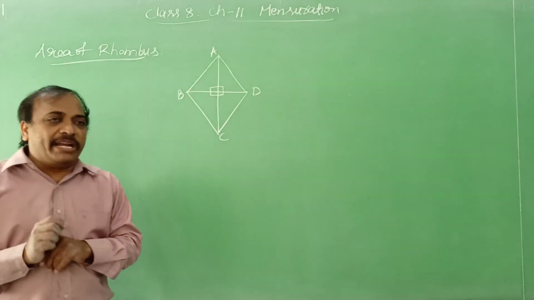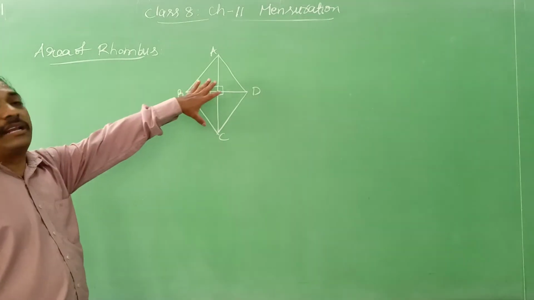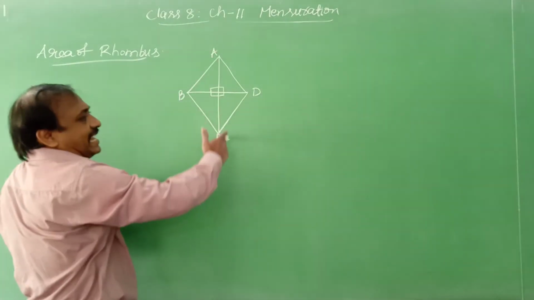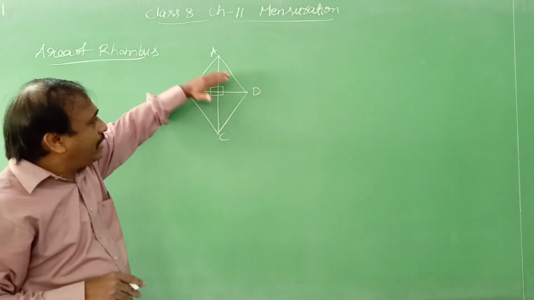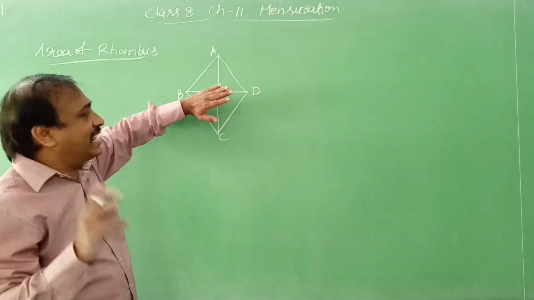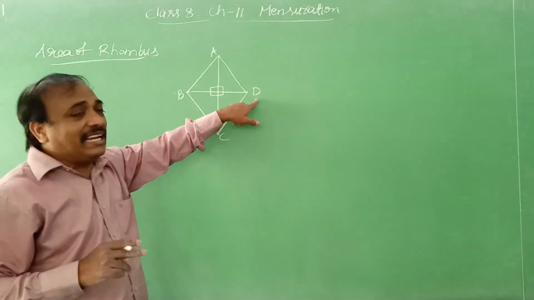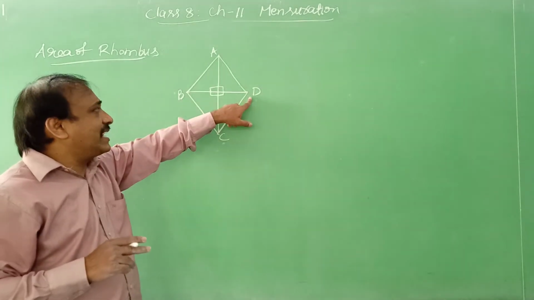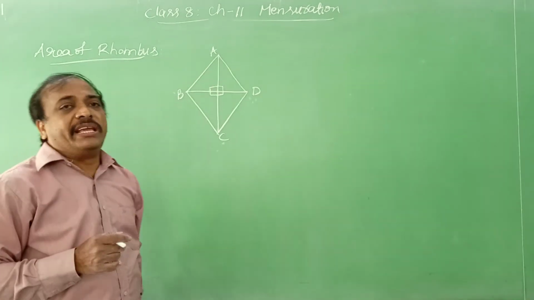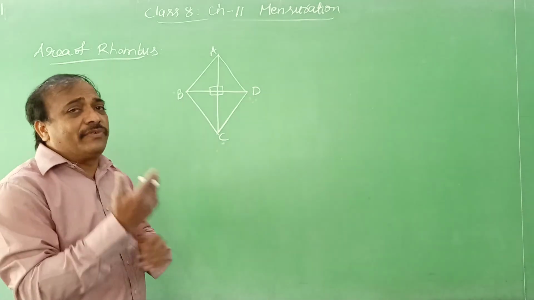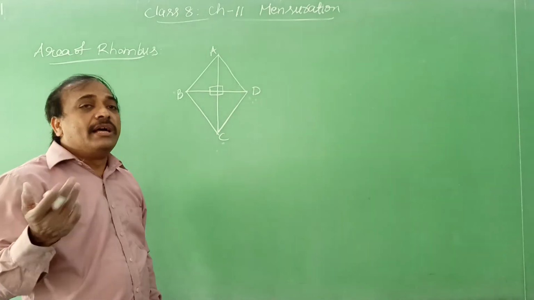Diagonals are perpendicular bisectors. By using that concept, we divide the rhombus by constructing the diagonals AC and BD. If you consider one diagonal BD, BCD is one triangle and ABD is another triangle. The area of these two triangles ABD and CBD will give you the area of the rhombus.